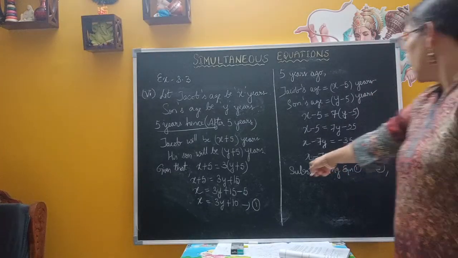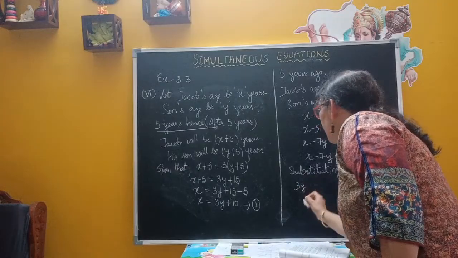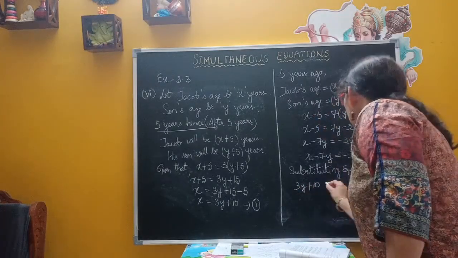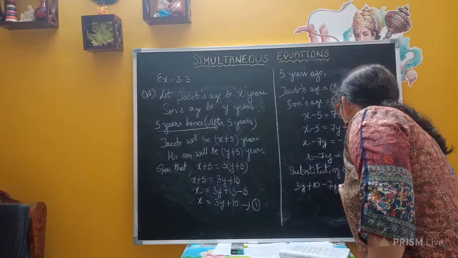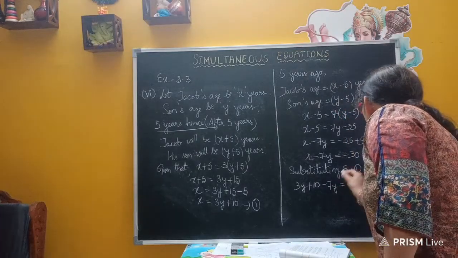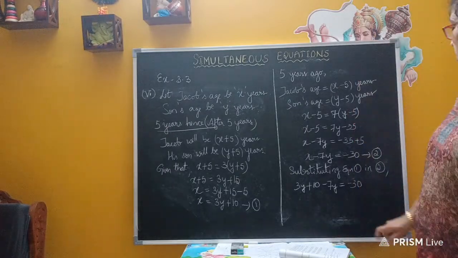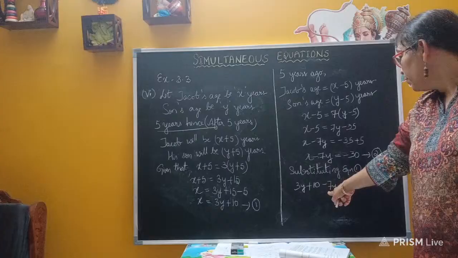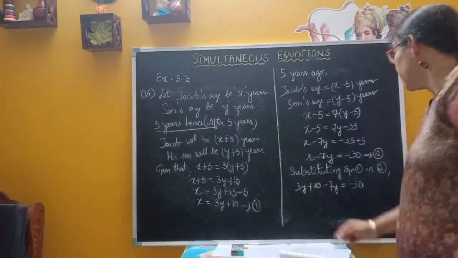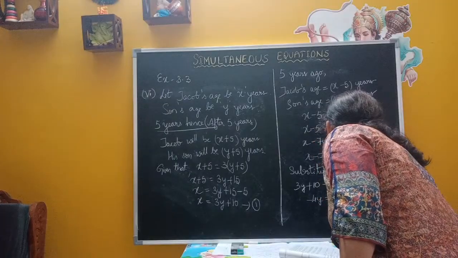We get, in place of x, I need to write 3y plus 10, minus 7y is equal to minus 30. Simplify this. 3y minus 7y, what do we get? 3 plus minus 7 is minus 4. Minus 4y is equal to minus 30.